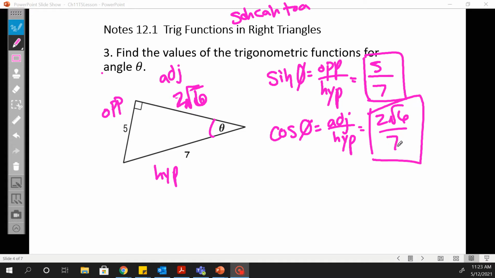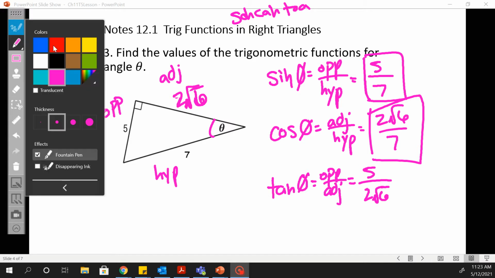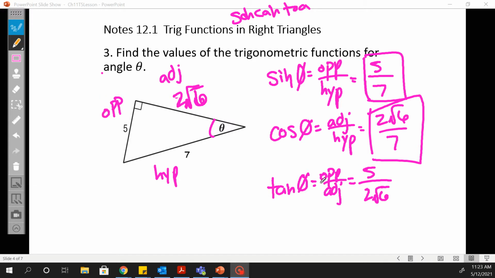That can't be simplified. And then we have tangent of theta. So that is opposite over adjacent. So the opposite side is 5. The adjacent is 2 square root 6. Now, this is the answer, but it's not simplified, because you cannot have a radical in the denominator.